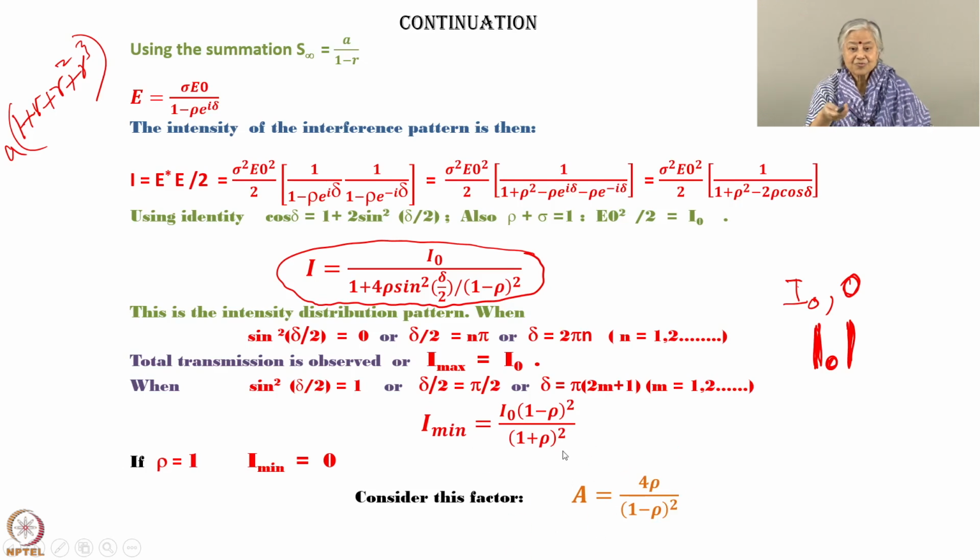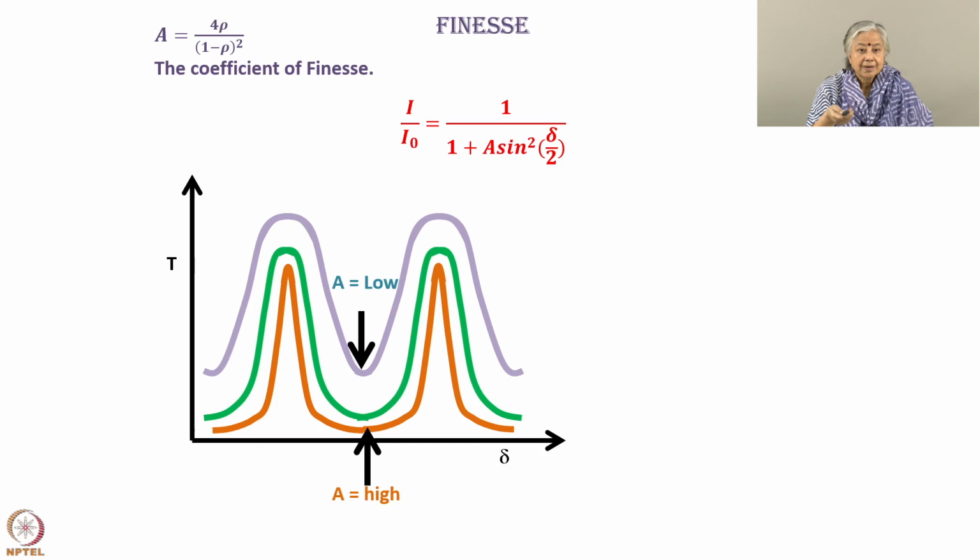So, I have put it here, A. It is called the finesse, F-I-N-E-S-S-E, finesse. A is called the finesse or the coefficient of finesse. Just see why this factor is so important, because it only involves the reflectivity of the Fabry-Perot.